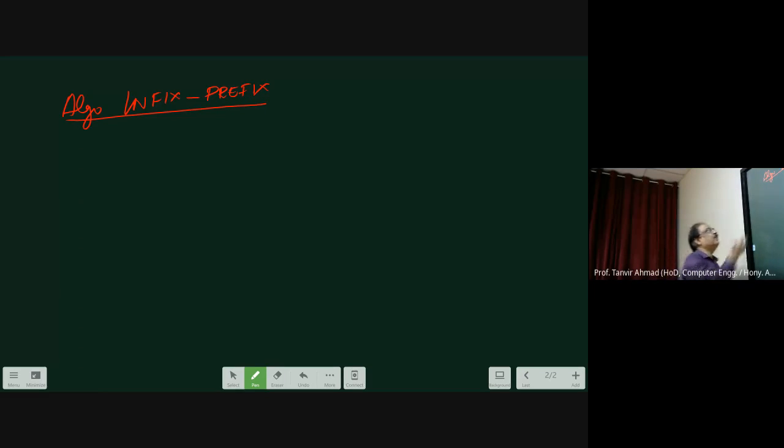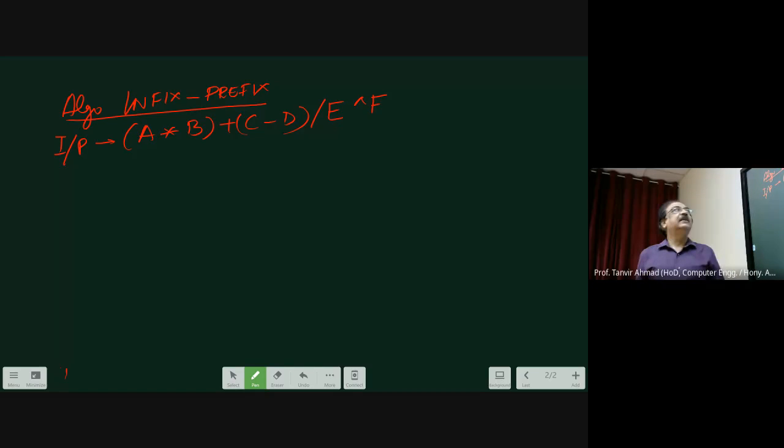Now suppose you are given some input expression. Anything, I will not take an example, but I will try to show you. Now I have taken plus, minus, divide, multiply, as well as the power exponential.